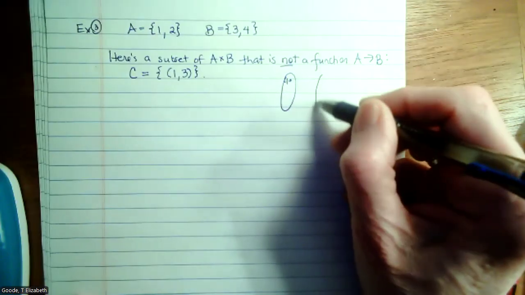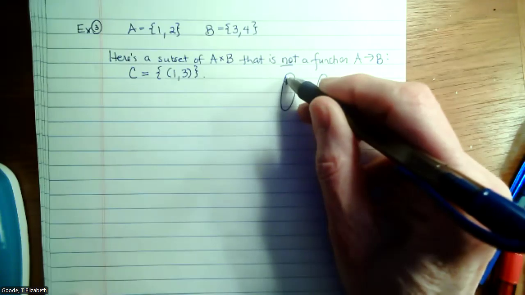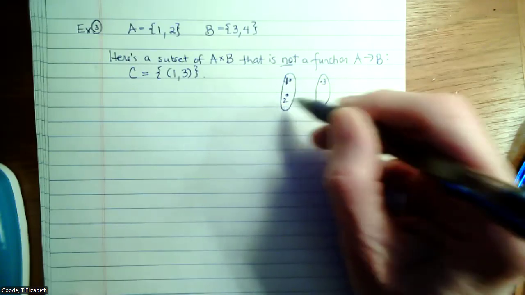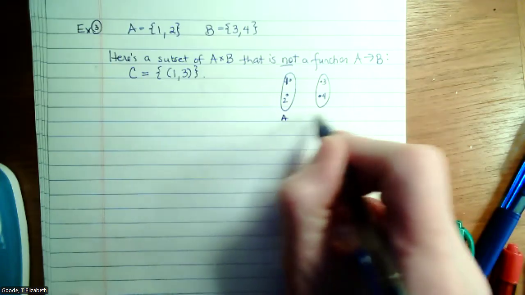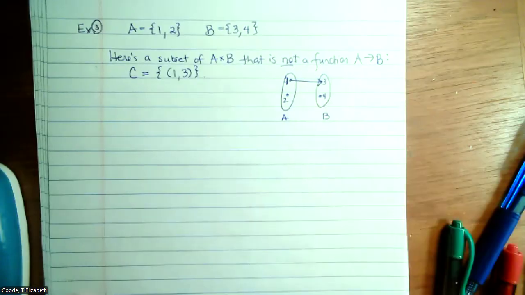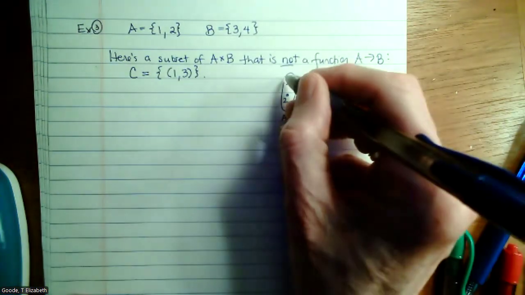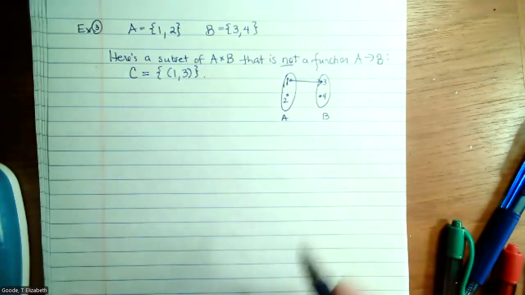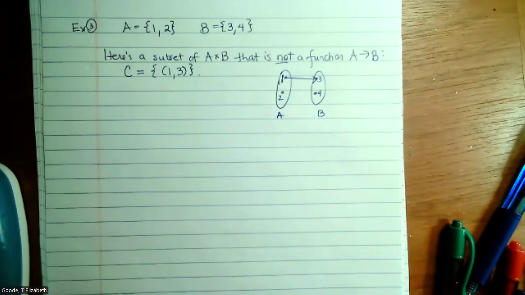What's going wrong there? It looks like a function. It's got all the values, 1 to 3. Okay, so not all of the values in the domain have an image. That makes it not a function, because all of the domain values have to have images.